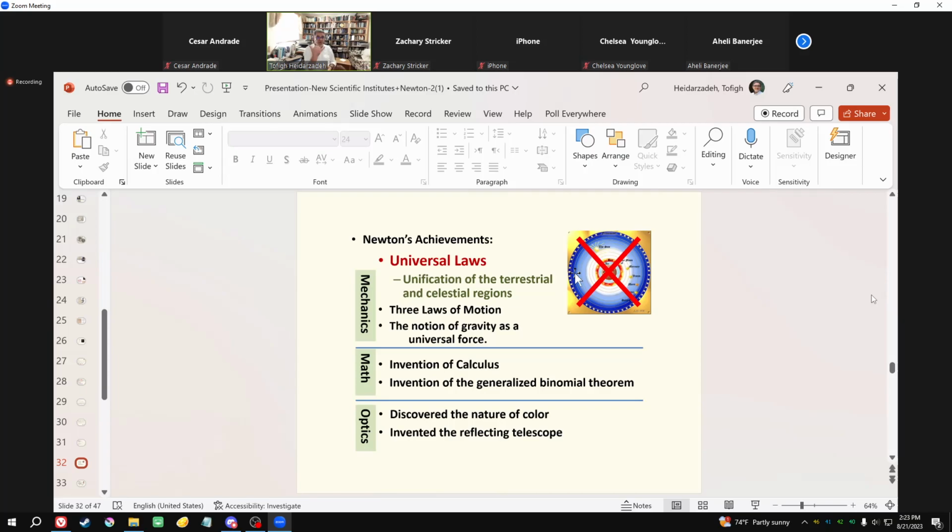He said that masses, everything which has mass, attract each other, and the force between them is equal to the product of these two masses divided by the distance squared. It is called the inverse square law. Like two magnets, I'm sure that you played with magnets. You have two pieces of magnets here.